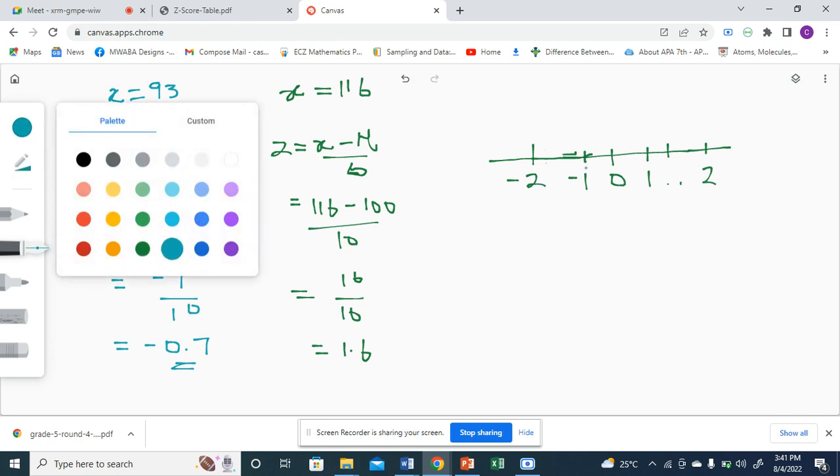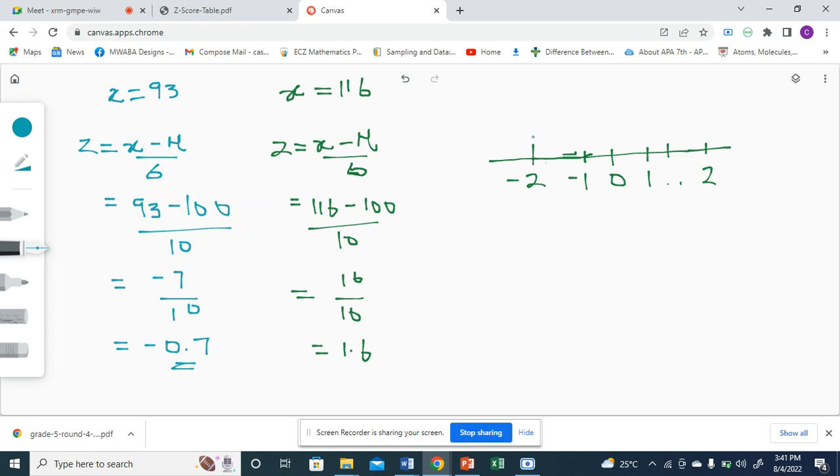So we get our points now. Negative 0.7 is somewhere here, and then 1.6 is somewhere here.